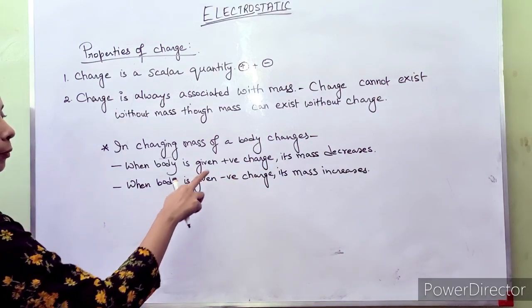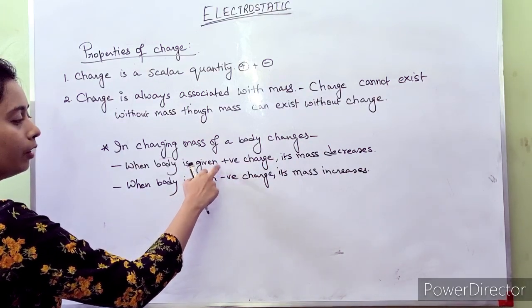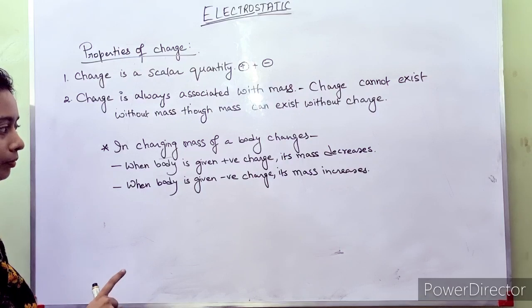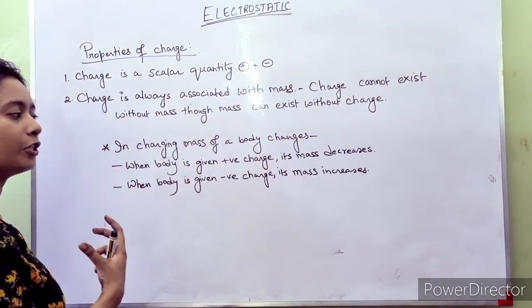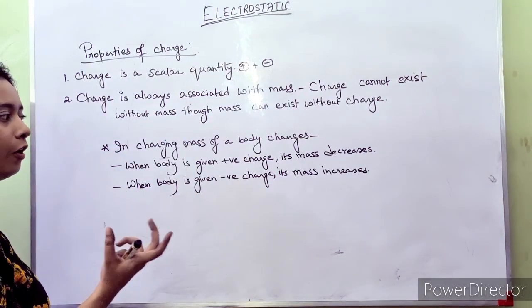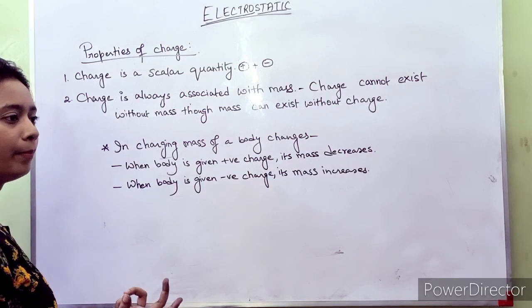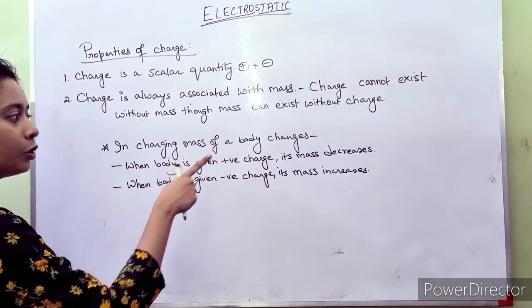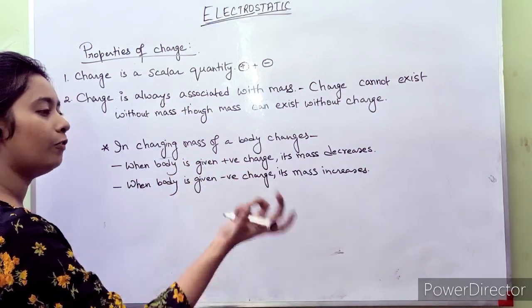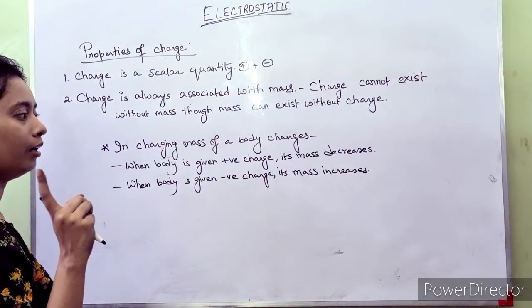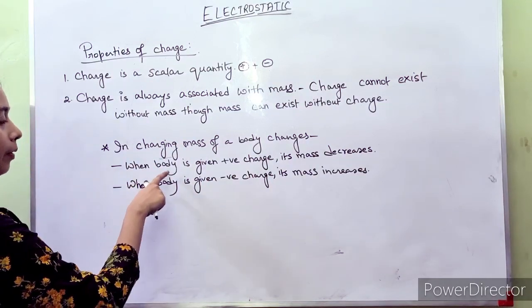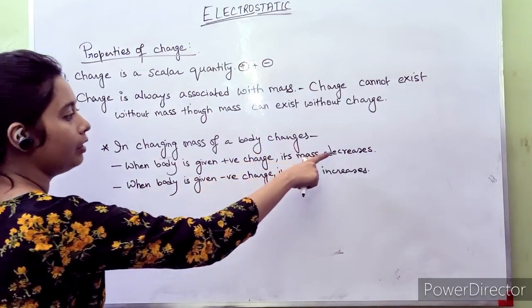That's why we say that we are giving positive charge. So we are taking away the electrons from that body. That means obviously electron has got some mass. So we are taking that amount of mass from that body, so automatically the mass of that body will get decreased.